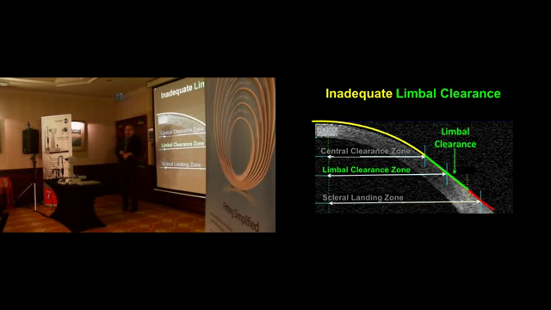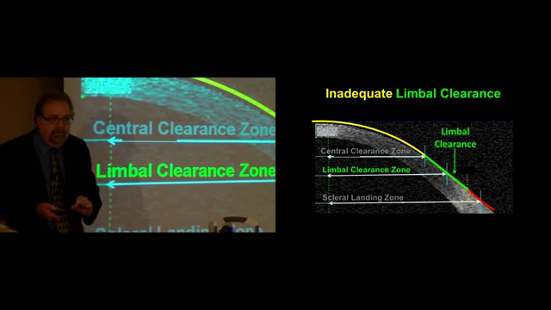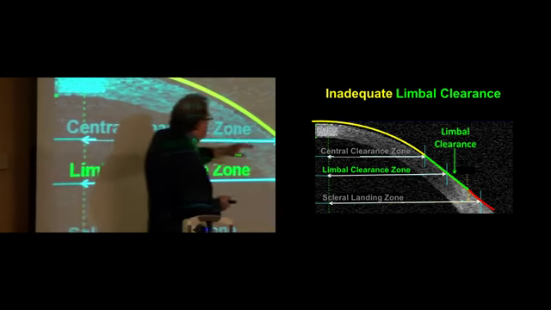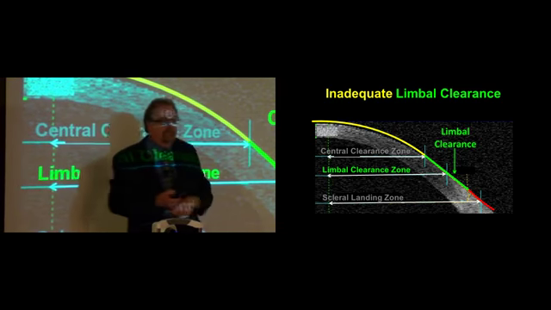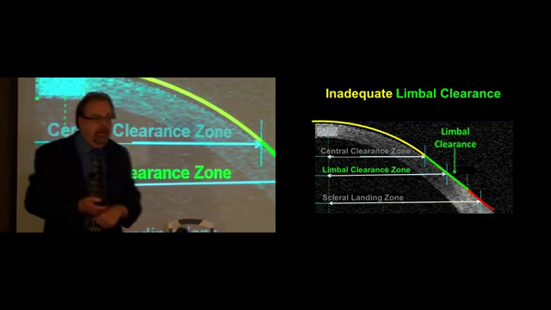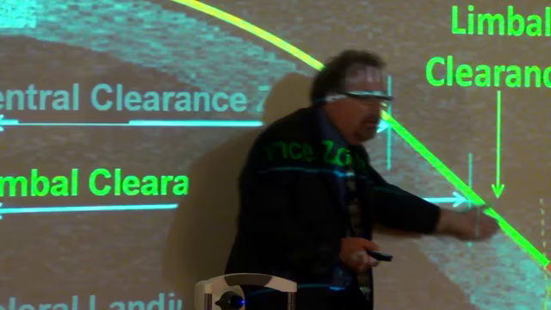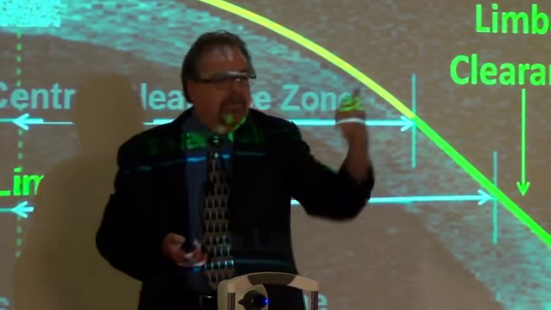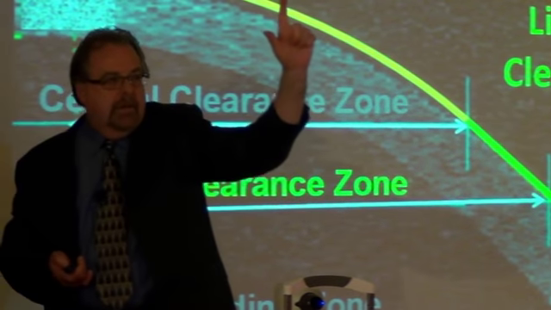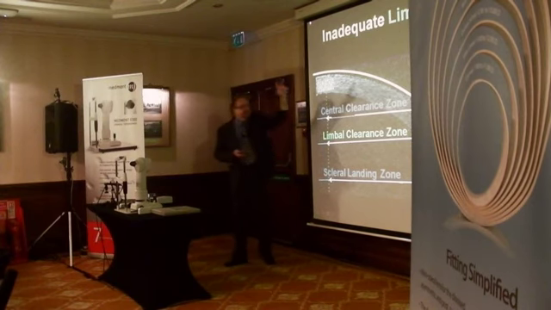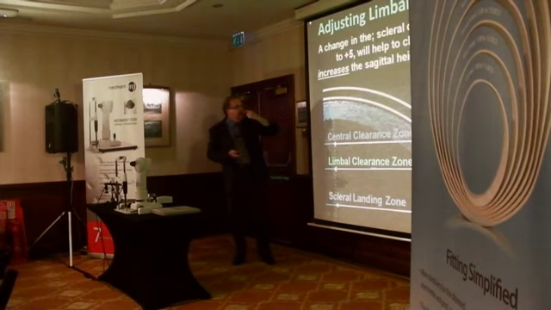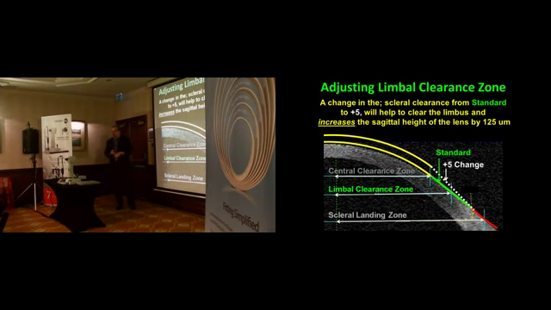Now, one of the more common adjustments you're going to make with the ICD lens is in the angle of this limbal clearance curve. We can see here that we have a limbal clearance curve that is virtually touching or aligning the peripheral cornea and the limbus and sclera. So now what we want to do is change that in 5-degree increments.